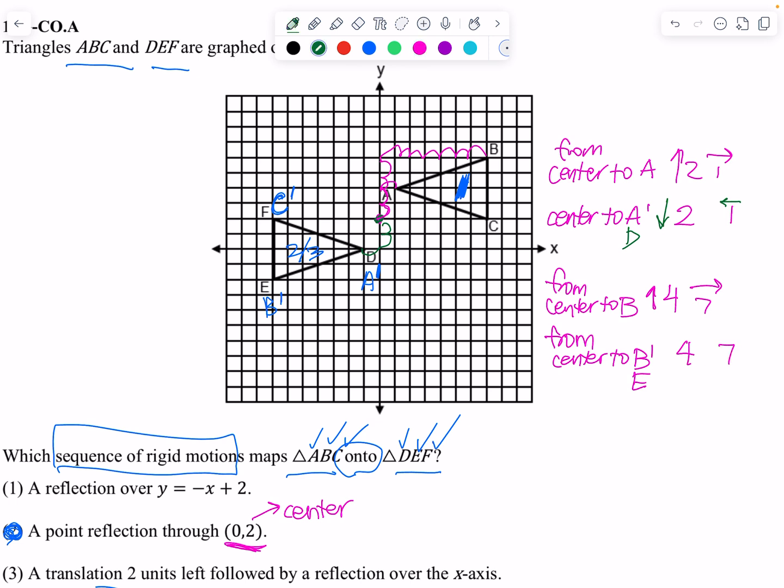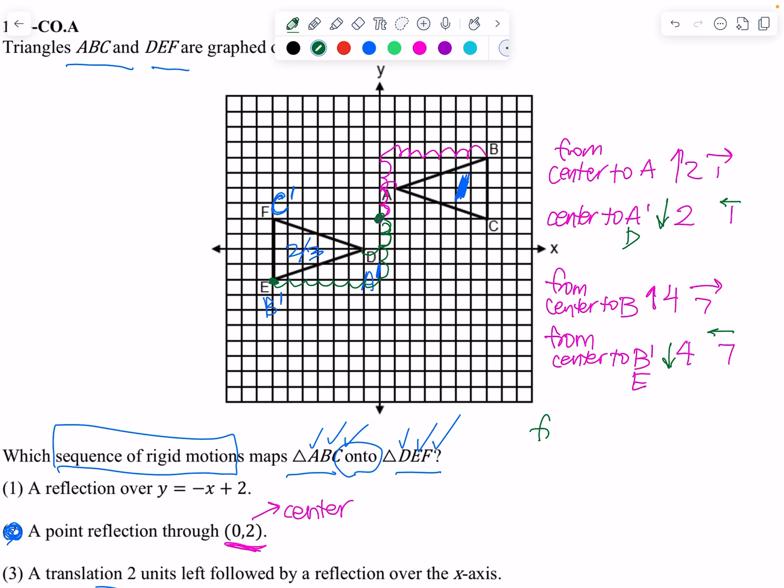So instead of up 4, it's down 4, and instead of right 7, it's left 7. So going back to the center, down 4, and then to the left 7, and what do you know? We reached point B prime or E.